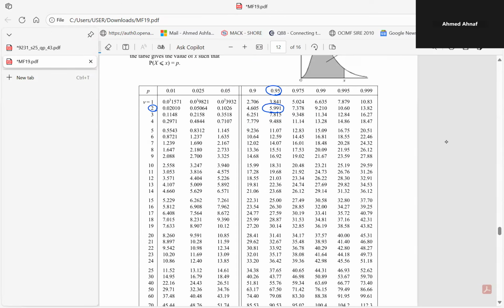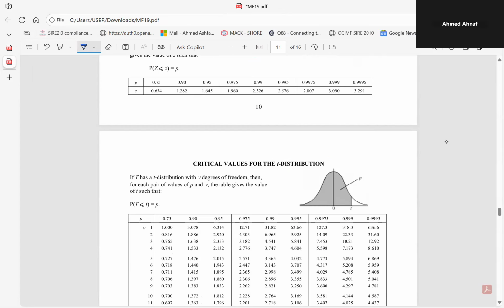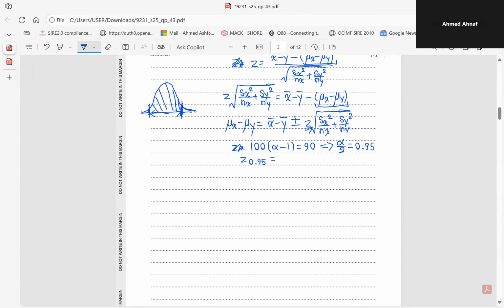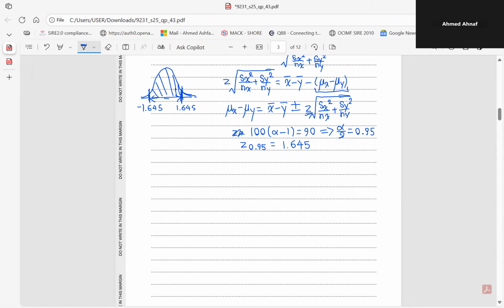Let's take a look at our tables, normal distribution. So p-value 0.95, we have it here. Z value is 1.645. This is our critical value. Put it in here. This will obviously just be 1.645. This is just for reference, by the way.